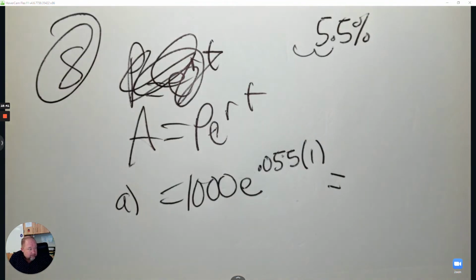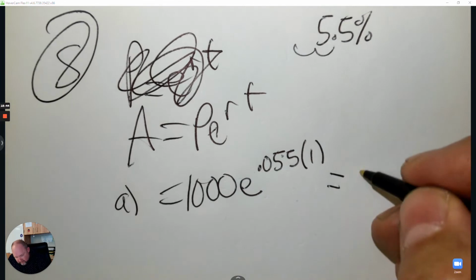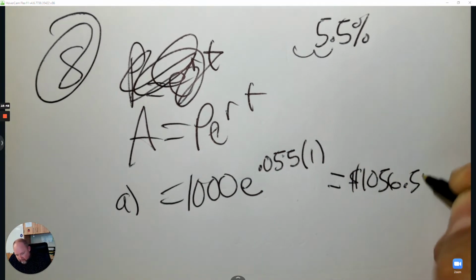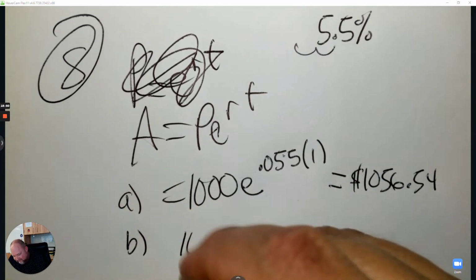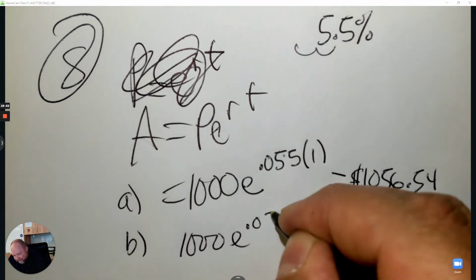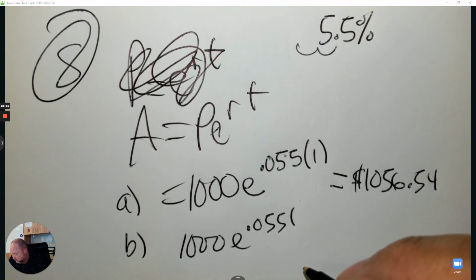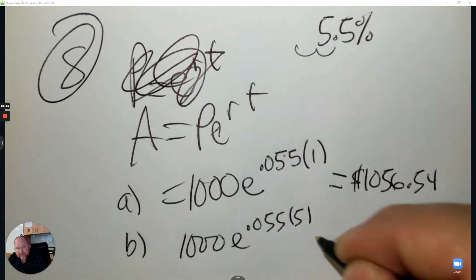Use your calculator. It'd be $1,056.54. Plug in for 5 years. So plug in 5.